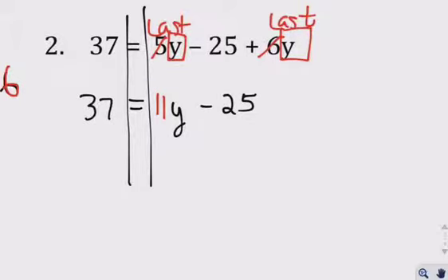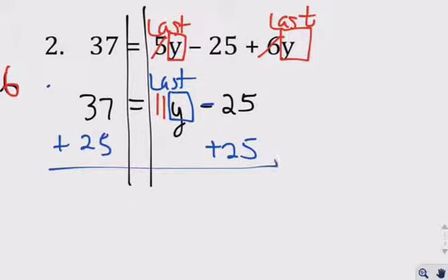Okay? And then obviously this is last, so we need to get rid of this minus 25 first, so add 25, add 25, that's 62 equals 11y.